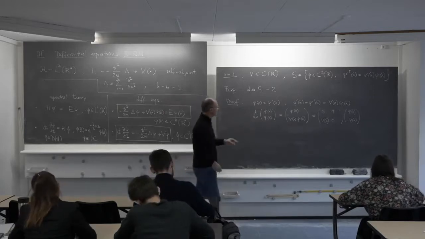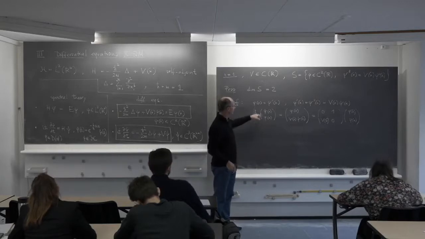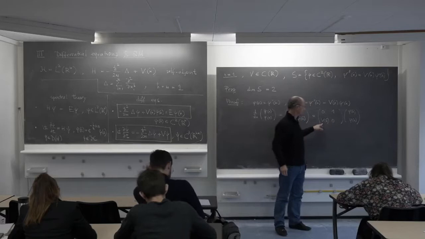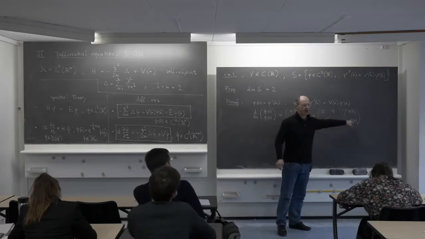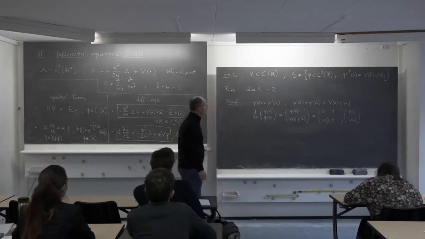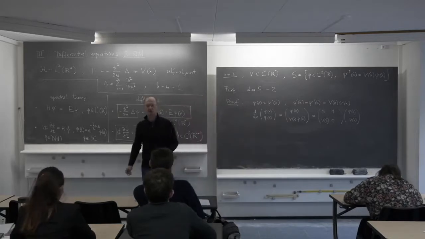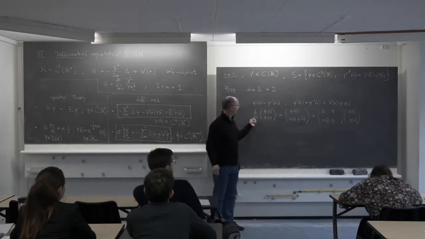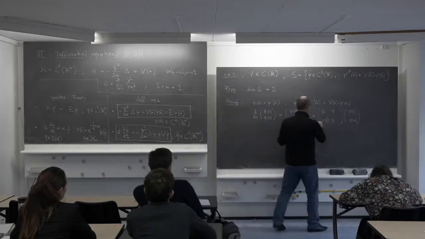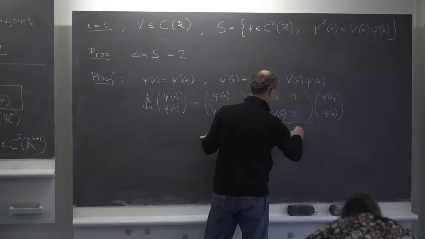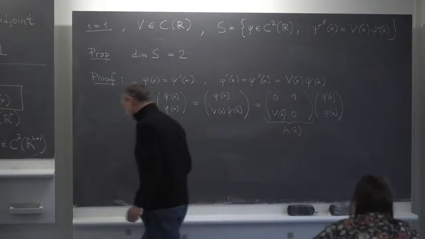So we see that the derivative of this vector is a 2 by 2 matrix which contains v, which acts on this other vector. So now I traded a second order linear equation for a system of two first order equations. So let me denote this gadget A of x.